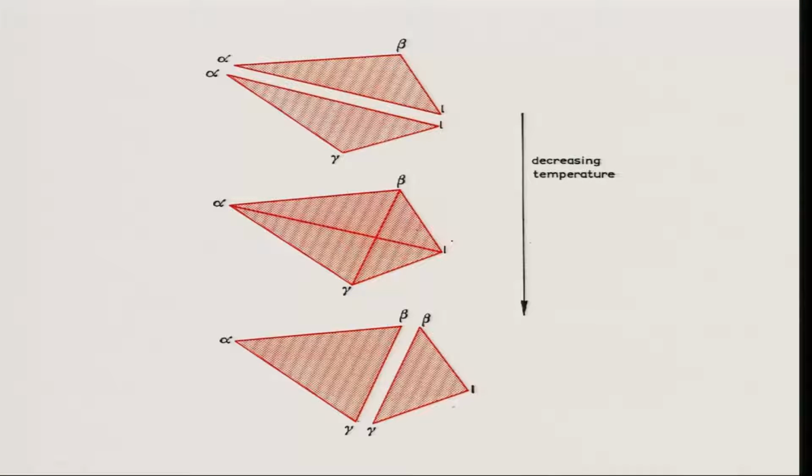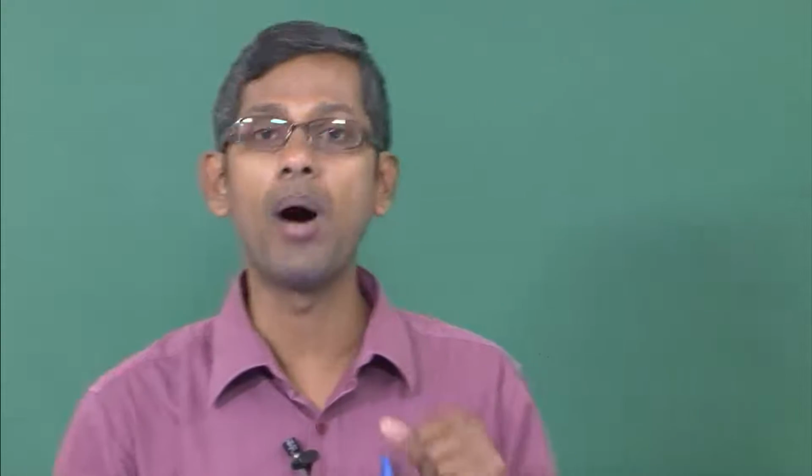Finally, when it exits from the 4-phase plane, 2 3-phase equilibria form. One is alpha, beta, gamma, and the other one is beta, gamma, liquid. That means some liquid is still left over, which can further undergo ternary eutectic or any other reaction possible. This is category number 1.